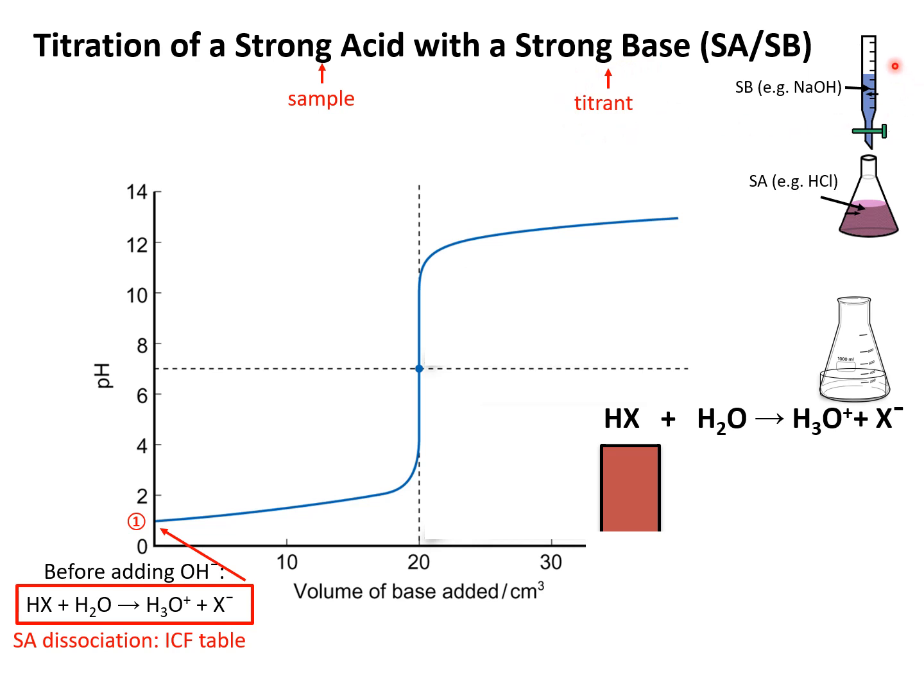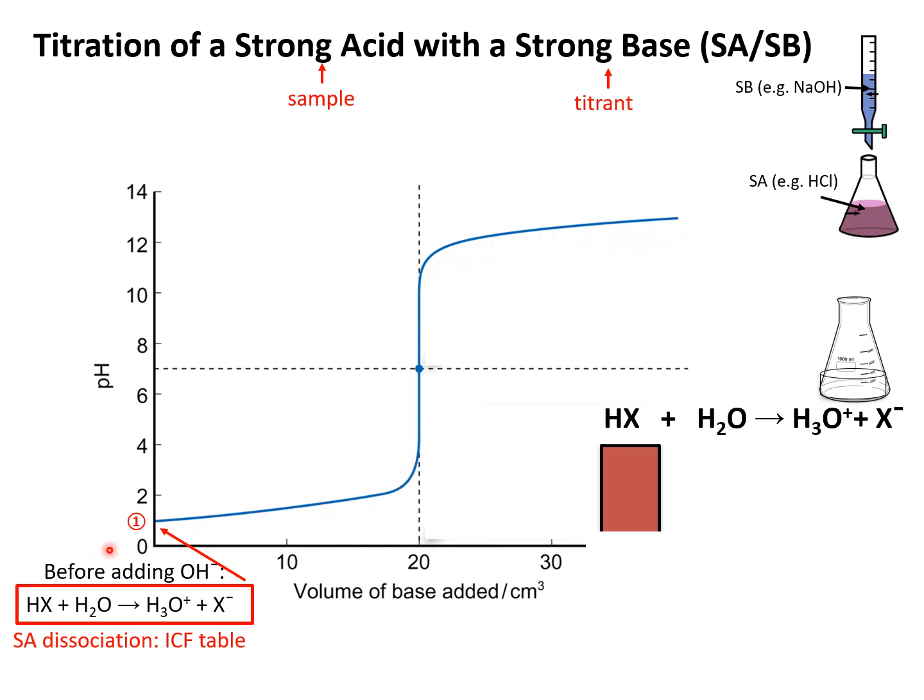And here we see the experimental setup, where we have our sample, which is contained in an Erlenmeyer flask. In this case, it's HCl, or hydrochloric acid, which is a strong acid. And we have our titrant, which is placed in a burette, which in this case is sodium hydroxide, a strong base.